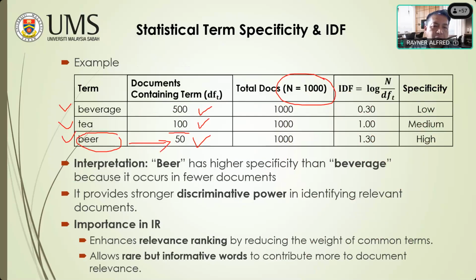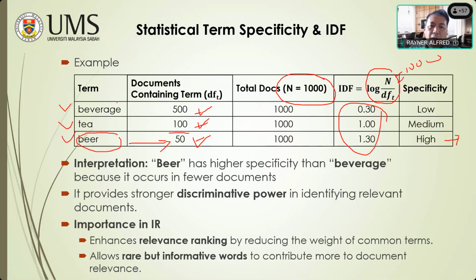So if we compute the IDF, your N here is 1000, and the document frequency for term t would be 500, 150, 50. So you look at this: low, medium, high. High specificity means they are very unique and very effective to be used to differentiate the documents.